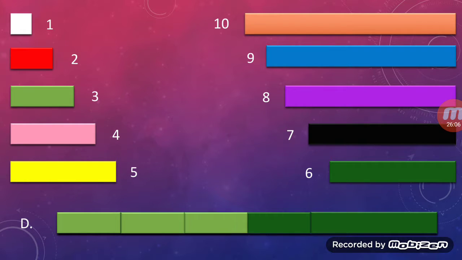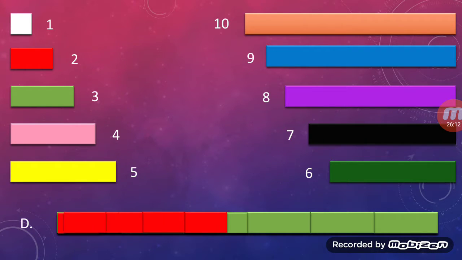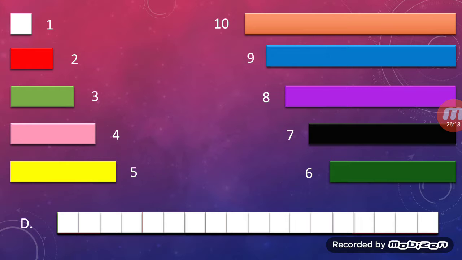Moving forward, we have the 6 3 blocks, we have the 9 2 blocks, and finally we have the full 18 blocks for the ones, because thinking in multiples, all of these numbers times something else will equal 18.